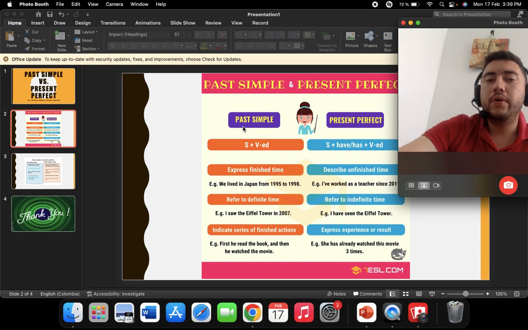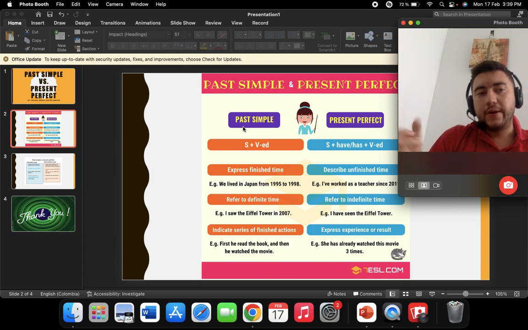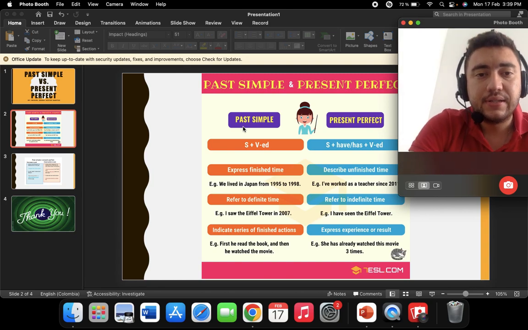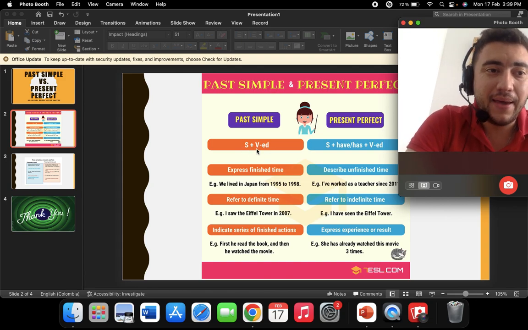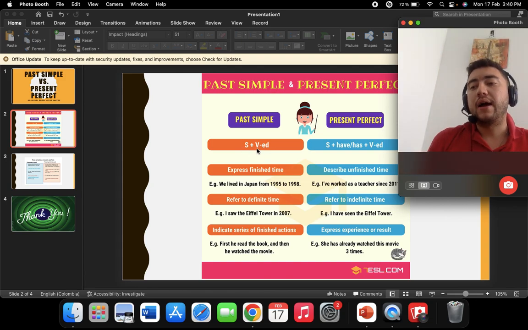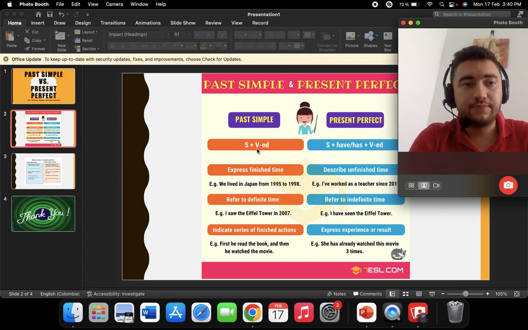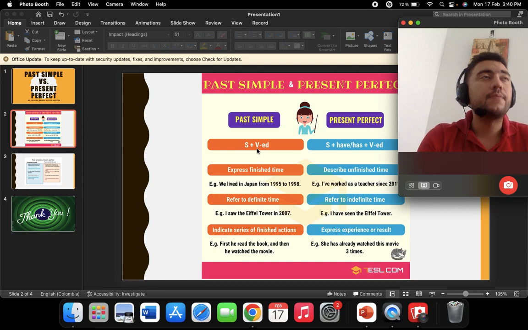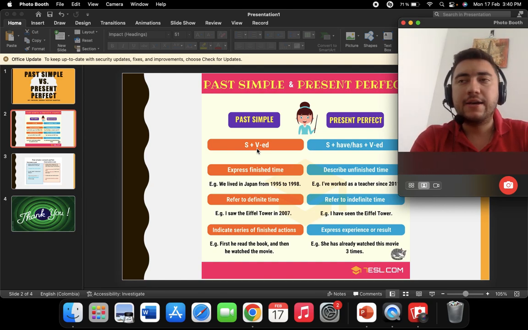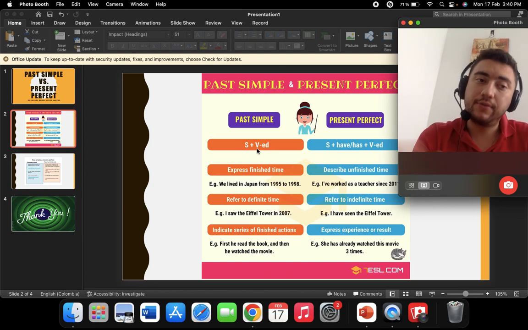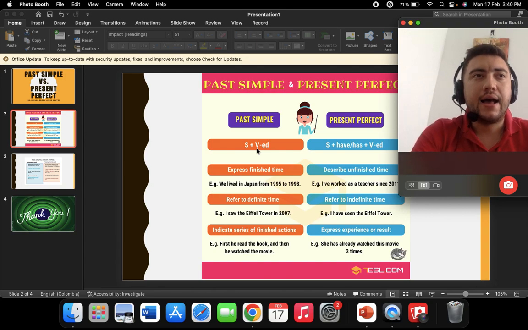When we use past simple, the correct way to create sentences is subject plus verb in past using ed. For example, I played, I bought. Okay, bought is irregular. I cooked, I went, but went is irregular also. I studied.